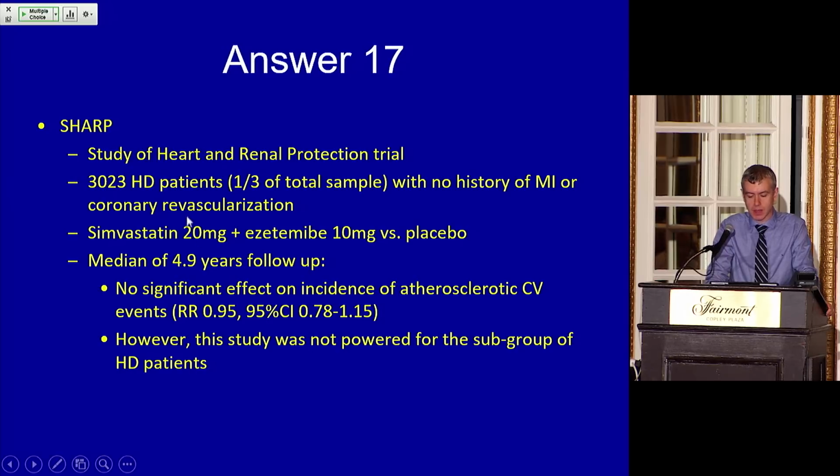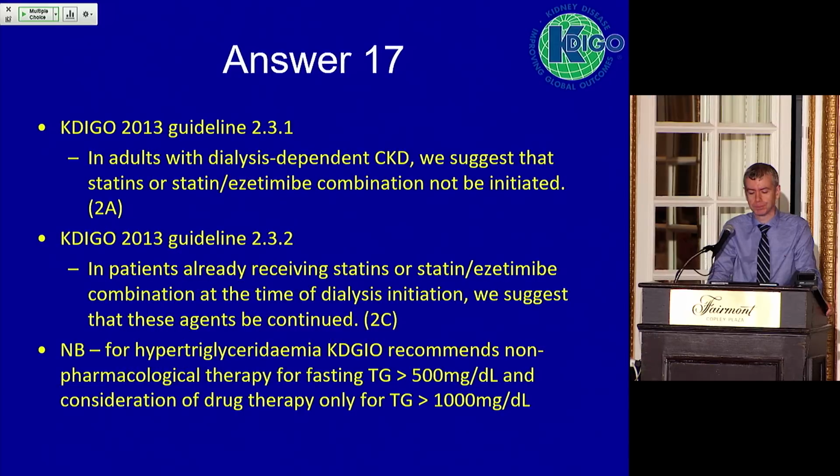And they were randomized to the combination of simvastatin plus ezetimibe versus placebo, median follow-up of 4.9 years, and again, no significant effect on the incidence of atherosclerotic cardiovascular events. Again, this study was not specifically powered for the dialysis subgroup, and there appeared to be some benefit in the CKD subgroup, but not in the dialysis group.